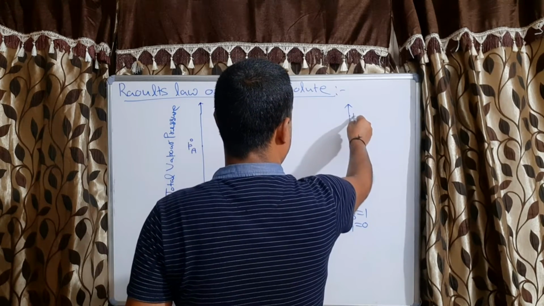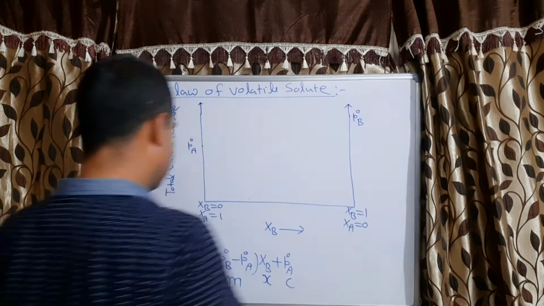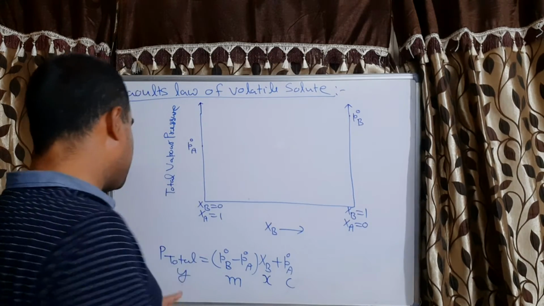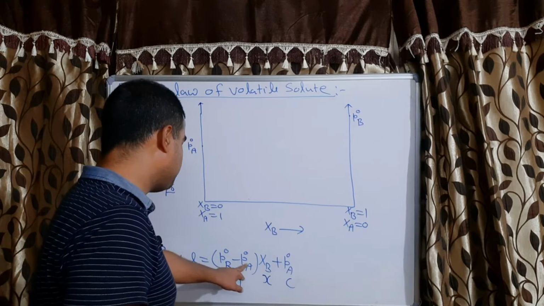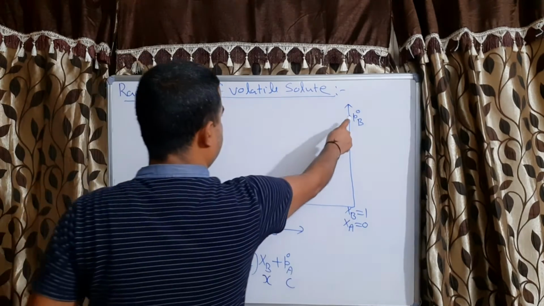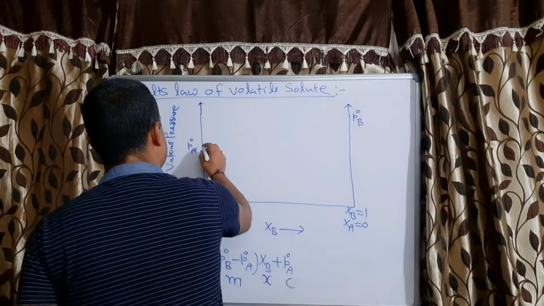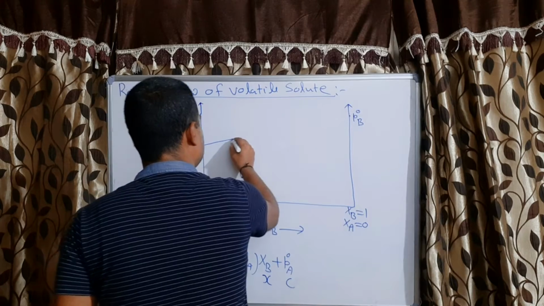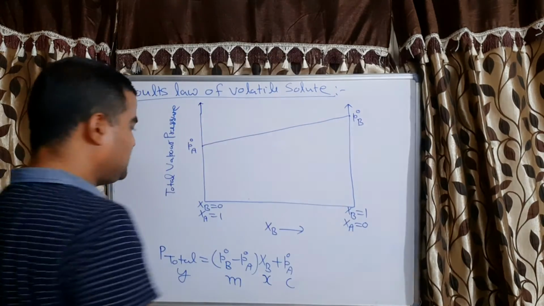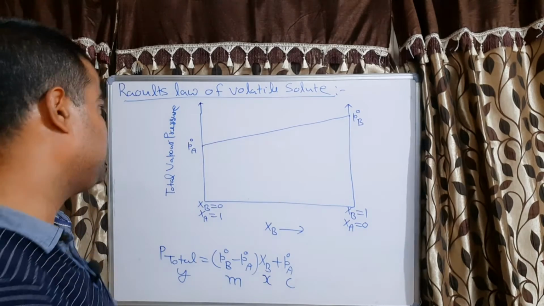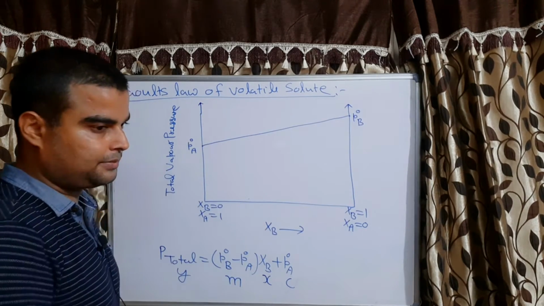Let us take P naught B here, correct? Now again, slope is equal to P naught B minus P naught A. So this is P naught B and P naught A. When we draw a line here, that will be the graph between total vapor pressure and mole fraction of B.